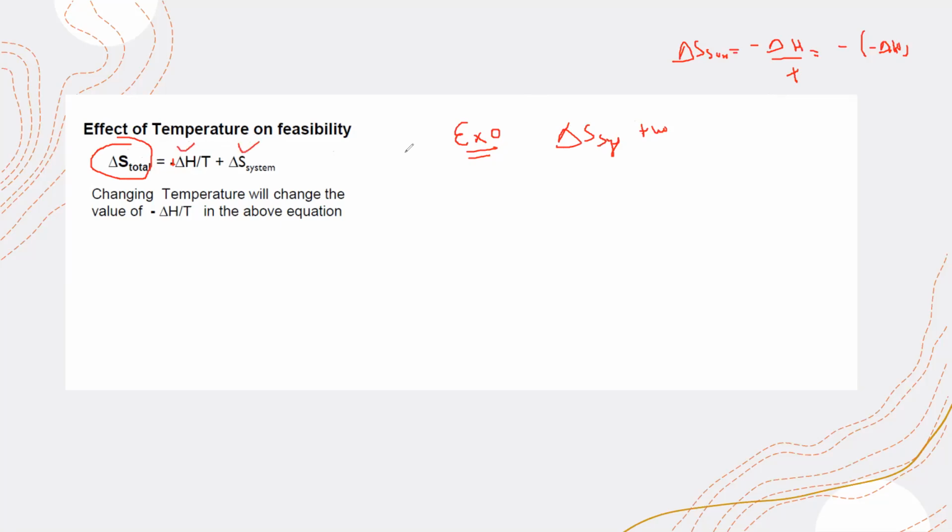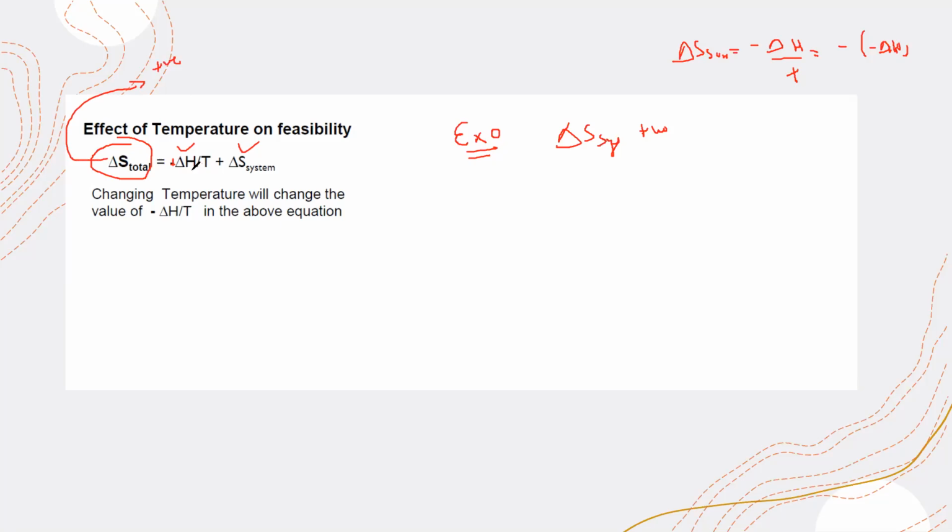This is also positive. So this reaction is spontaneous, or this reaction is feasible at all temperatures. It means the change in temperature will not affect the feasibility of the reaction, because for a reaction to be feasible, we want total entropy to be positive.